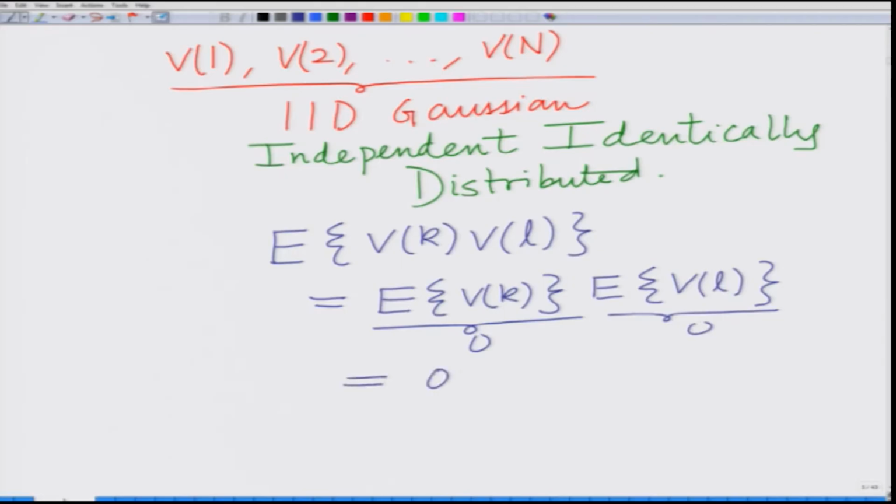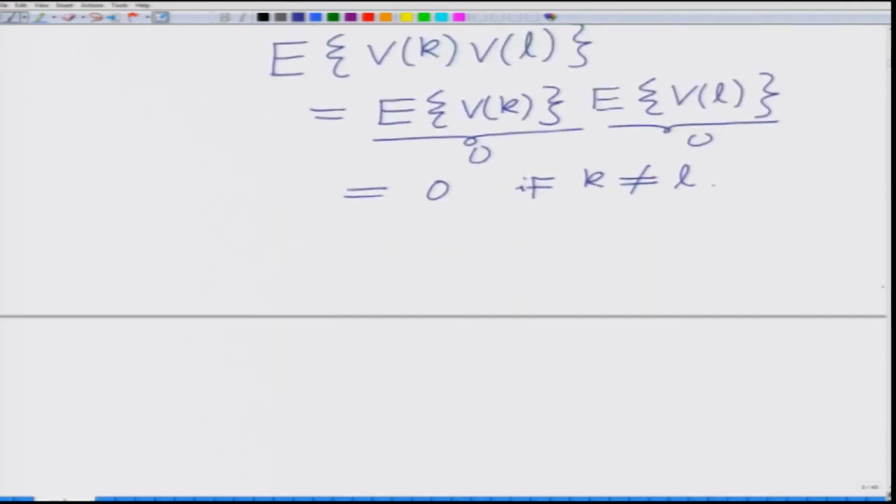Therefore, this is equal to 0, but mind you, if k is not equal to l. So, the expected value of Vk into Vl is 0 if k is not equal to l. Of course, if k is equal to l, this becomes the expected value of Vk square, which is sigma square, that we already know, that is, the mean of each Vk is 0 and the expected value of Vk square equals sigma square.